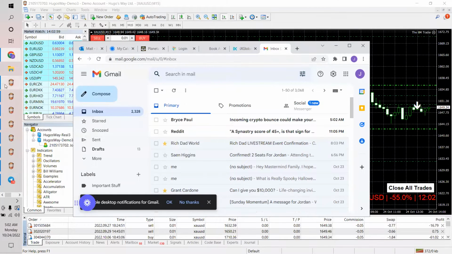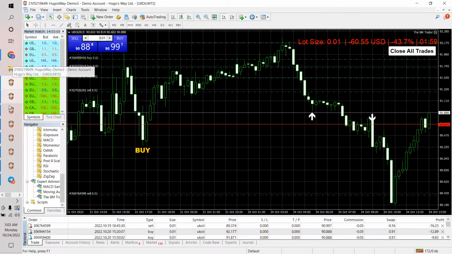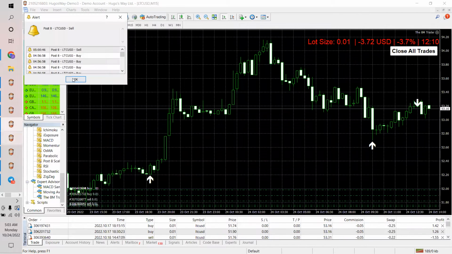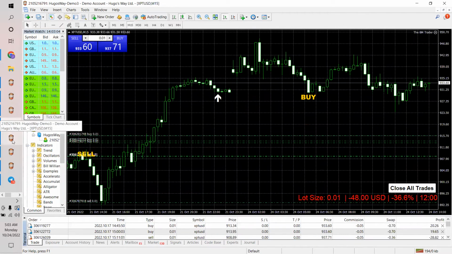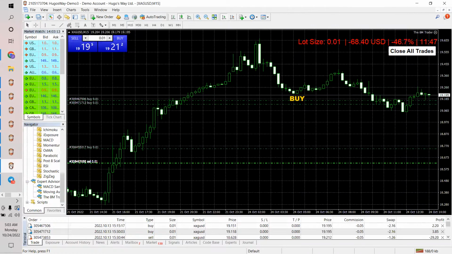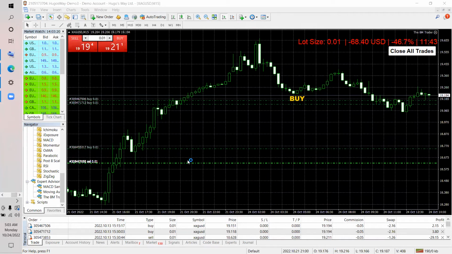Oh, hold on. Get my stuff back. Okay, there we go. All right, again, nothing on gold, nothing on oil, nothing on the two oils, I should say, nothing on LTC for the moment, nothing on platinum, nothing on gold, nothing on silver as of yet. We're getting that installed. Click on finish, and then we wait for that program to come up, and then we move forward from there.